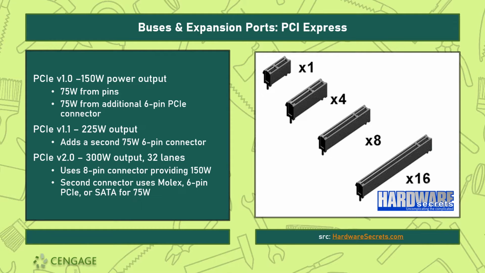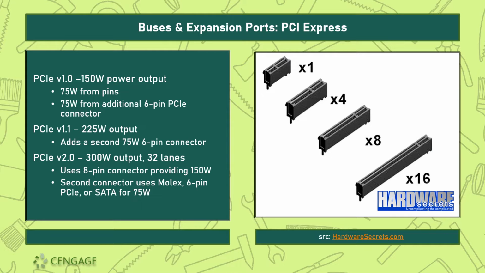So this is not a linear scale. This has got a little bit of a logarithm to it, so an X16 is not double the length of an X8, not double the length of an X4, or 4 times the length of an X1. What does change in terms of performance is the number of lanes available for transmission, as well as the amount of power that can be delivered from the motherboard.